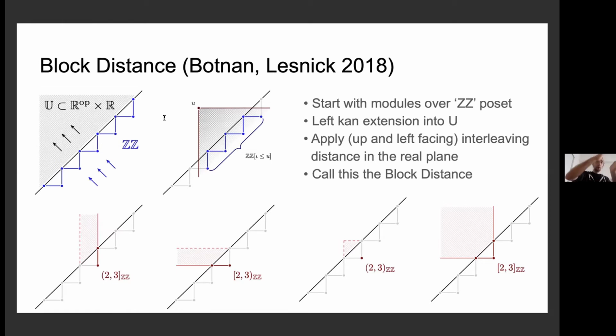So increasing direction is this diagonal, which means all arrows are pointing from these points upward to the ones along the diagonal. This poset can represent all zigzag persistence modules that you would ever be interested in. You embed this into R2.